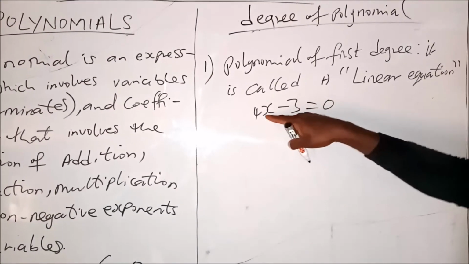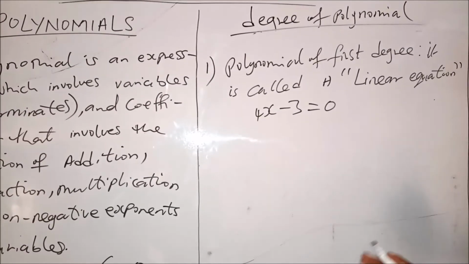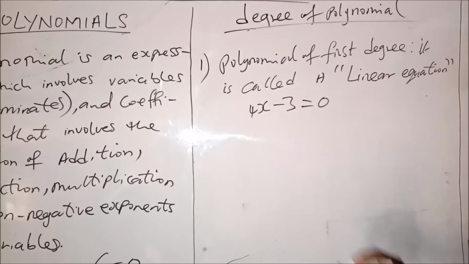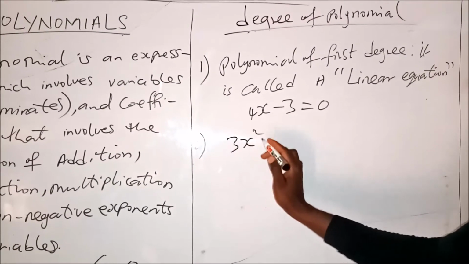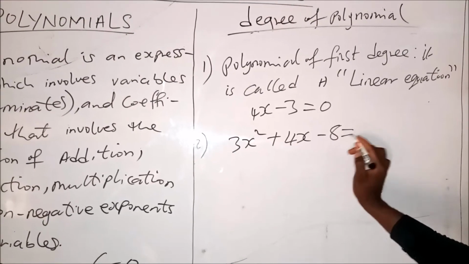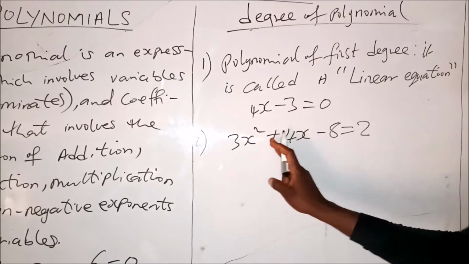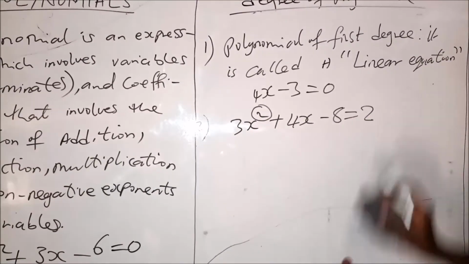In this case, the variable here, which is x, has only the power of 1 as its highest power. Now, when the degree is 2, something like 3x squared plus 4x minus 8 equal to 2. In this case, the highest power of unknown is 2. So this is second degree.